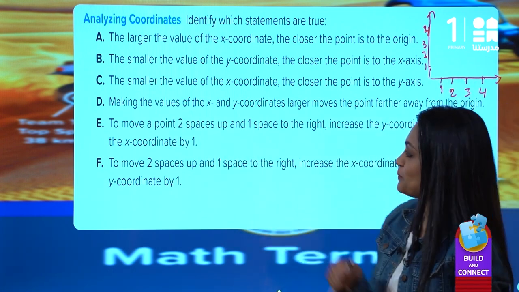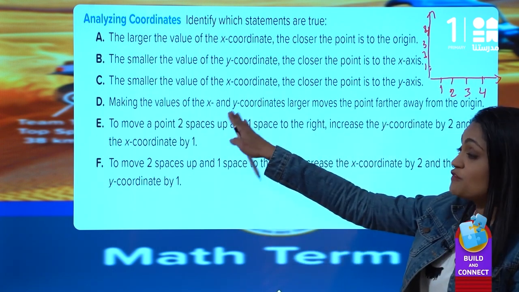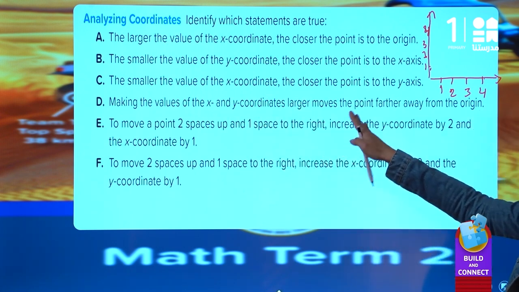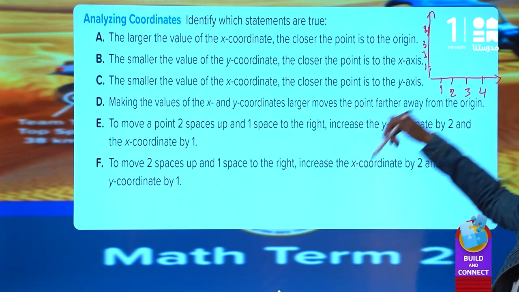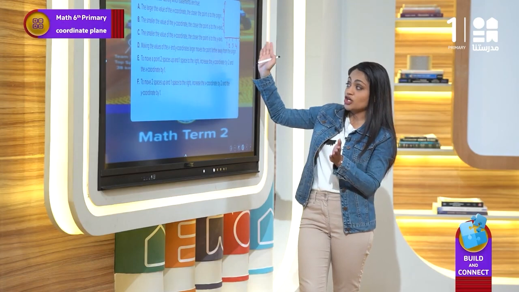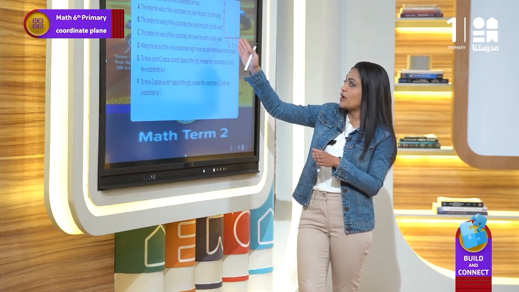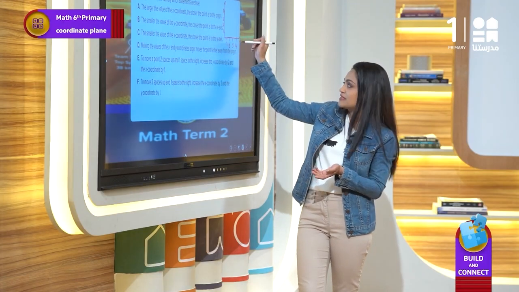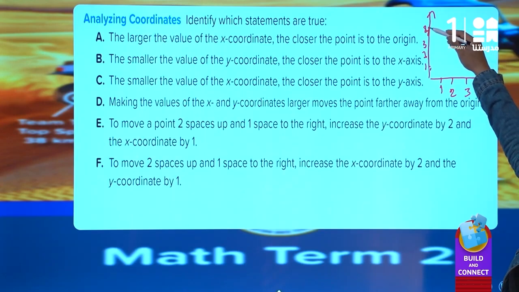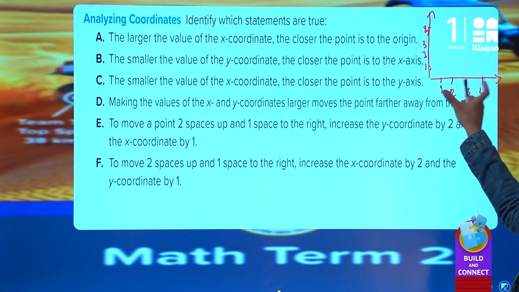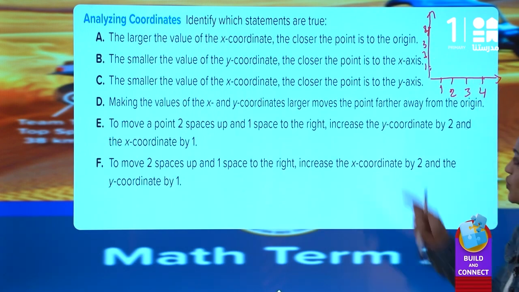Okay, let's see D. Making the values of x and y coordinates larger moves the point farther away from the origin. Yes, exactly. If I say, for example, 4, and here is 4, yes, it's far away from the origin, right? So this is also correct.